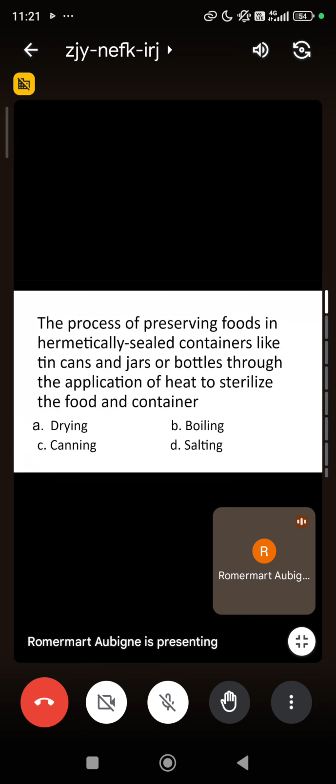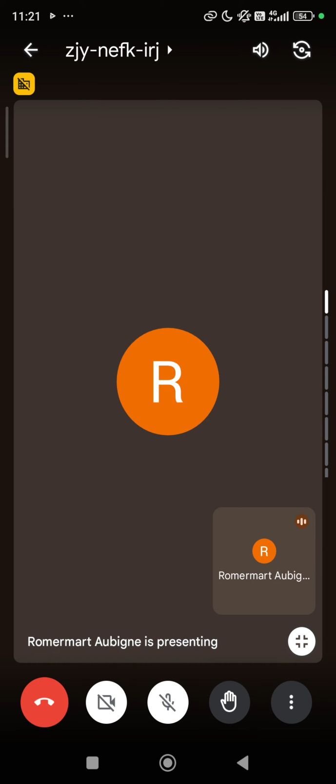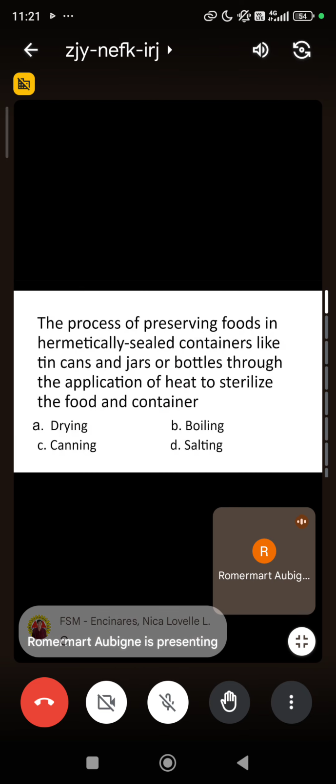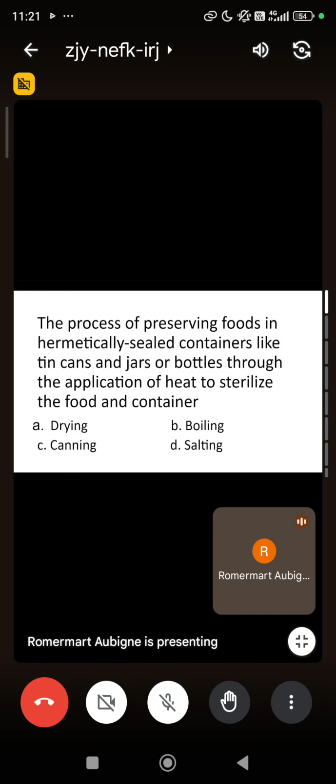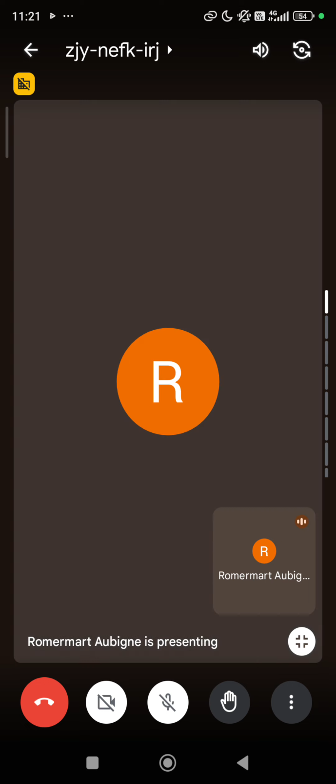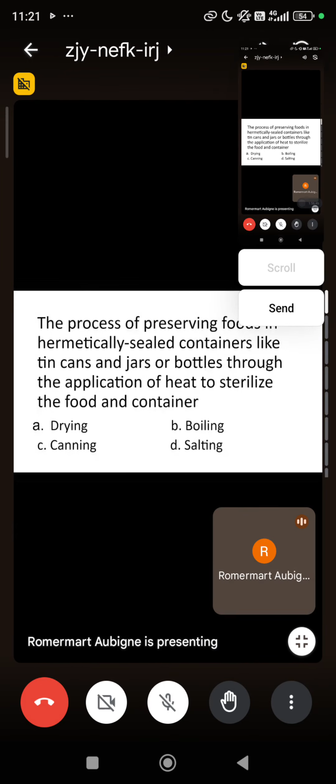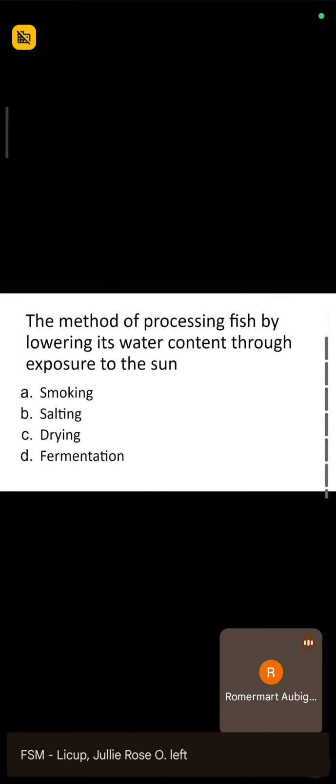A. Drying. B. Boiling. C. Canning. Or D. Salting. Yes, the correct answer is letter C. Canning.